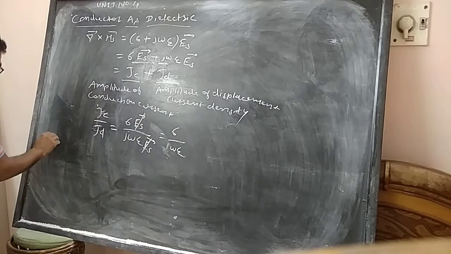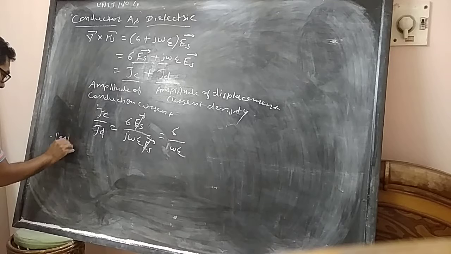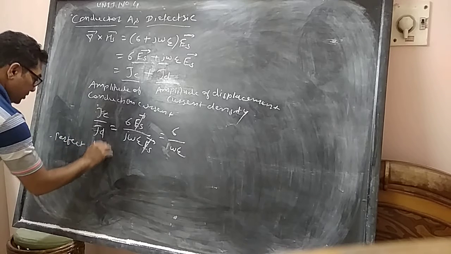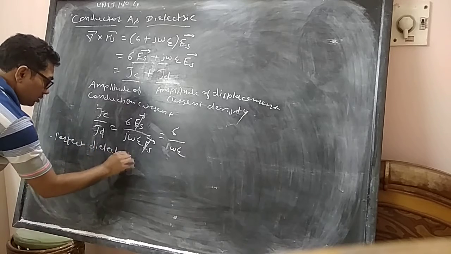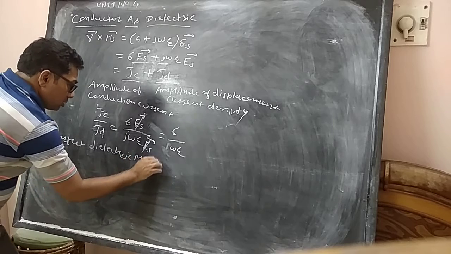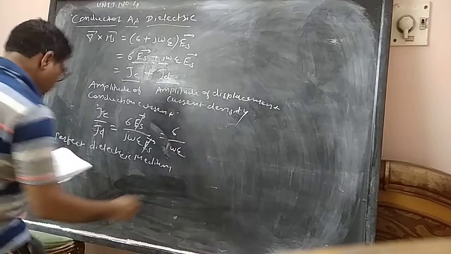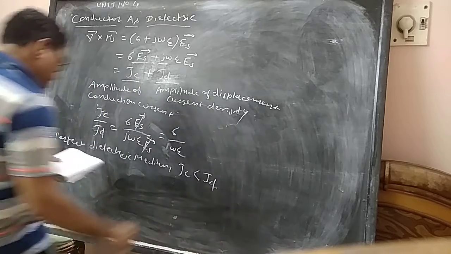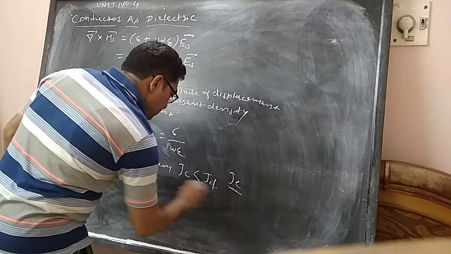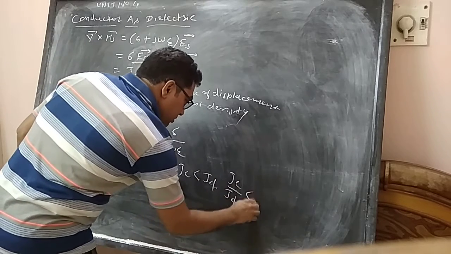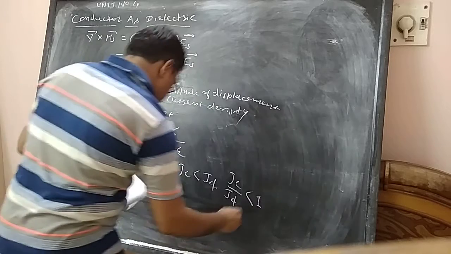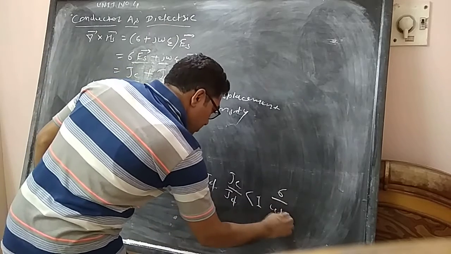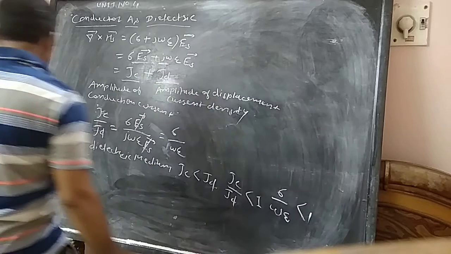So the condition for a perfect dielectric medium is that Jc is less than Jd. So Jc divided by Jd is less than 1, that is sigma upon omega epsilon is less than 1.